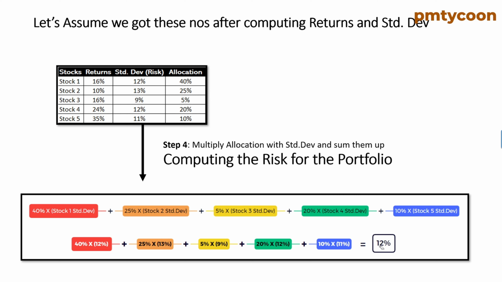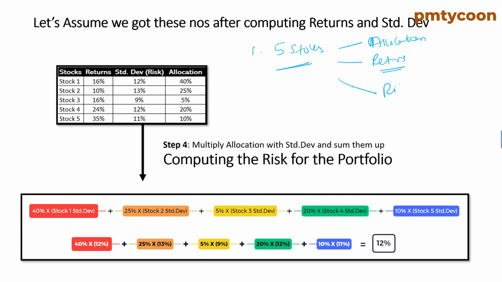So the process is very simple. If I have to explain, first you need to understand how many stocks are there in the portfolio. In our example, we had 5 stocks. The first step we have done is the allocation. The second step is we have calculated returns for each stock.